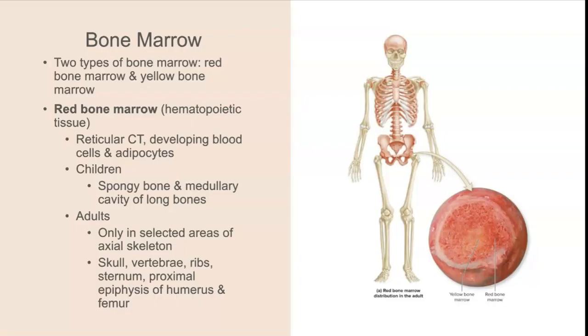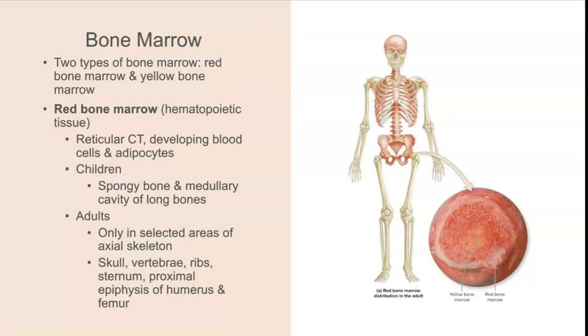As children mature, there's a change so that most of the red marrow is going to become yellow marrow, especially in the medullary cavities of the long bones and inside the epiphyses. So there's a decrease in the developing blood cells and an increase in the adipocytes. This fatty looking substance is called yellow bone marrow.